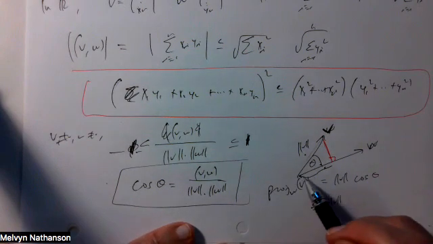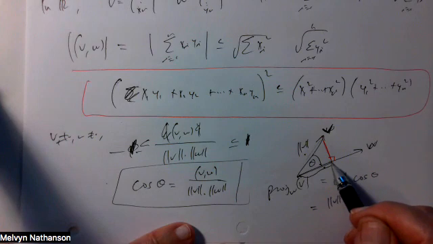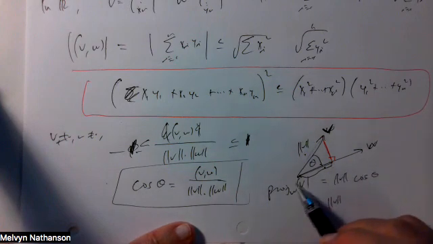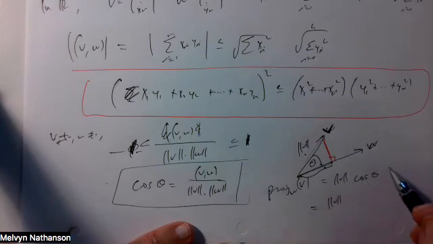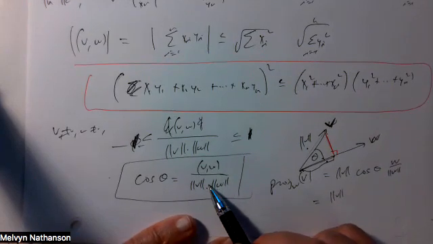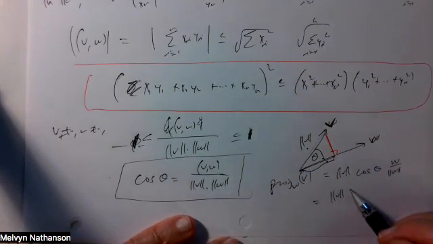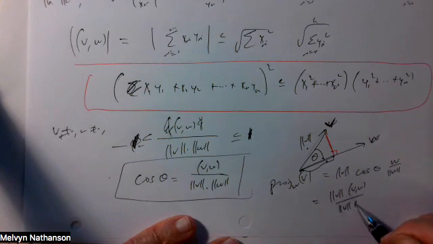Well, actually, I want this to be a vector. So this is the length of this vector, and it's pointing in the direction of W. So it's this times a unit vector in the direction of W. That's W over the length of W. So cosine theta is the inner product of V and W over the length of V, length of W, times W over the length of W. These cancel.